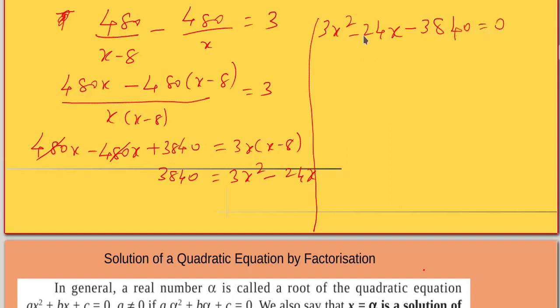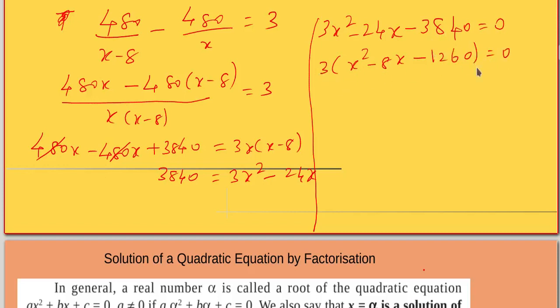See, everything is a multiple of 3. 8 plus 4 is 12, 12 plus 3 is 15. So everything is a multiple of 3 only, so we can divide by 3 everywhere. If we divide by 3, we can remove 3 outside. 3 times x square minus 8x minus 1280, equal to 0. 3 times 2 is 6, 6 3s are 24.